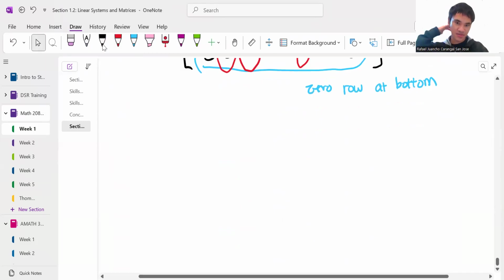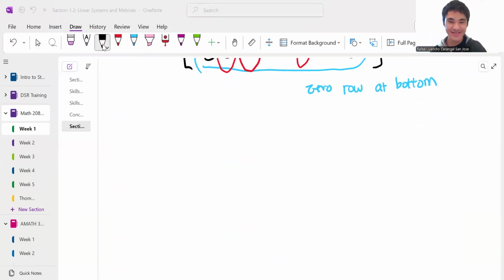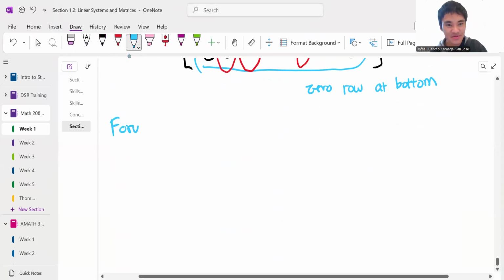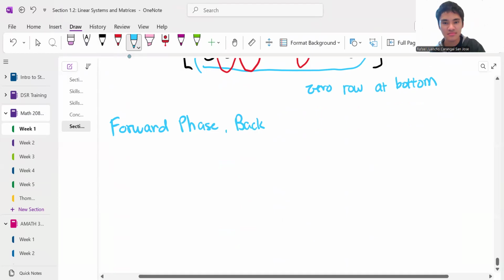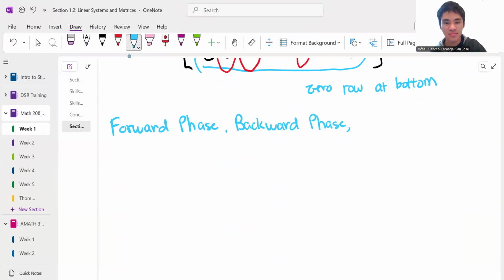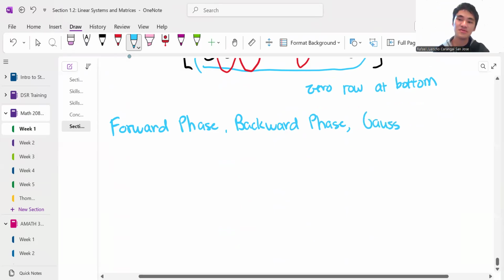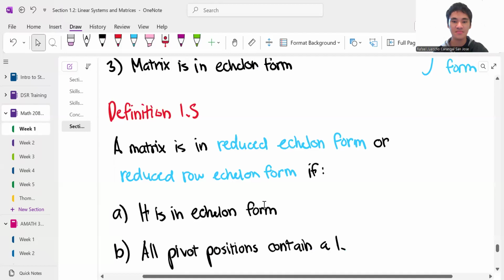Let's try to do something a bit cooler. It's actually more terminology here. More buzzwords: forward phase, backward phase. Then we have Gauss-Jordan. Oh yeah, I forgot to mention, what's Gauss-Jordan?